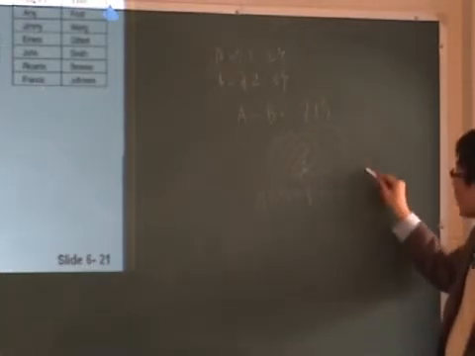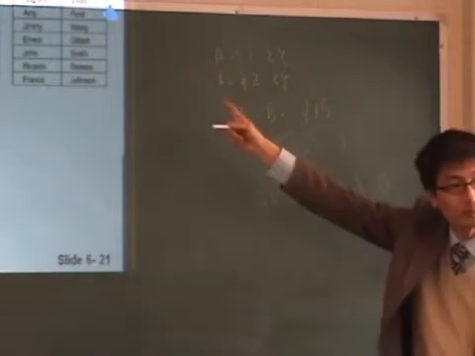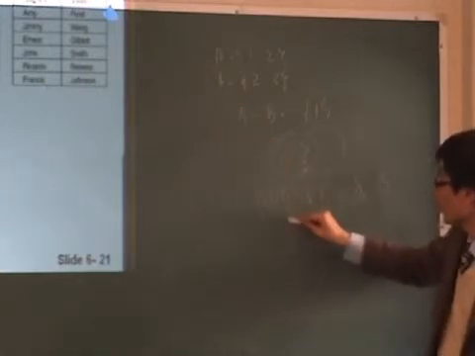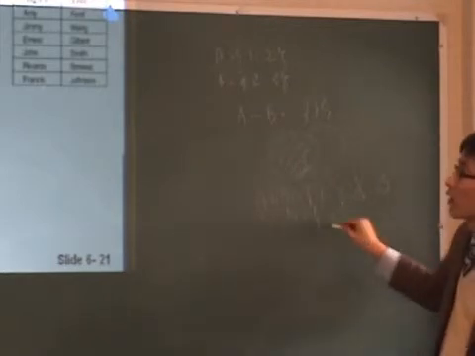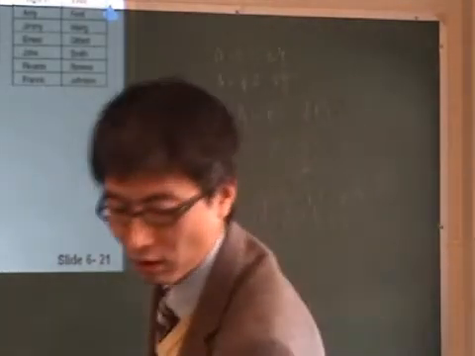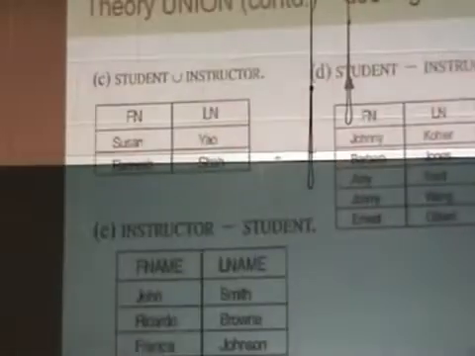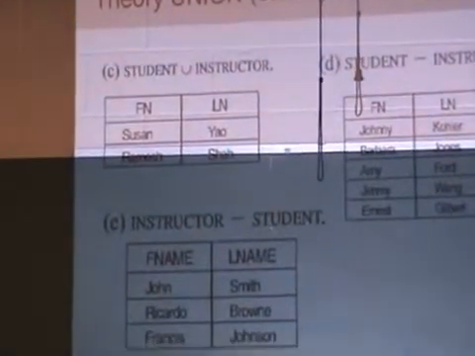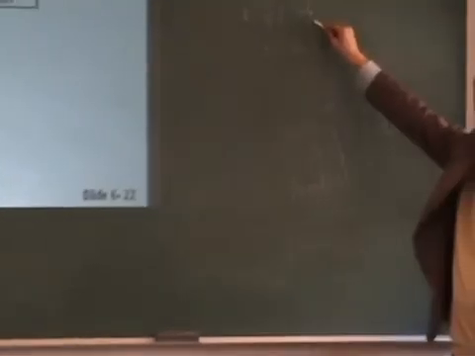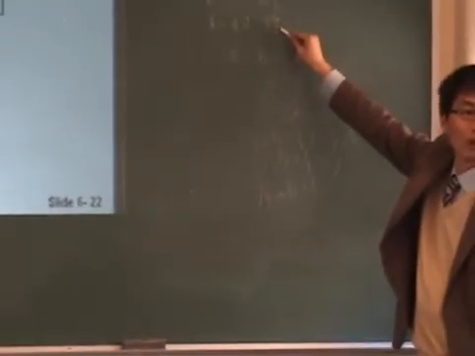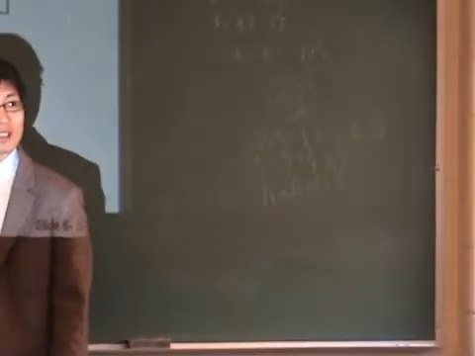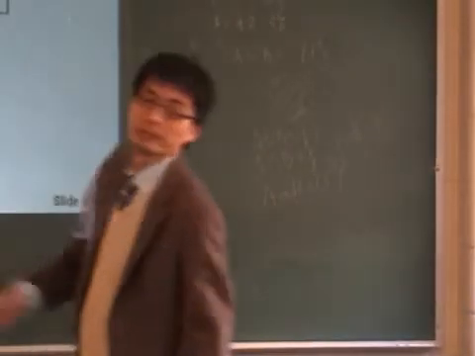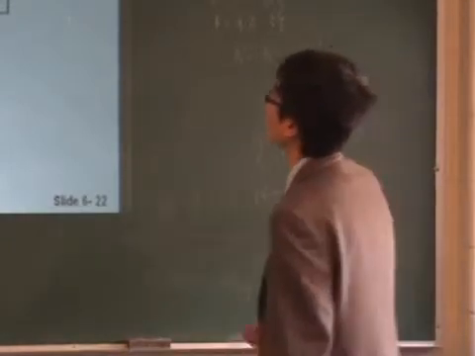What about the intersection? 2. This is the intersection, the common thing. What is A minus B here? 1. That is this one.